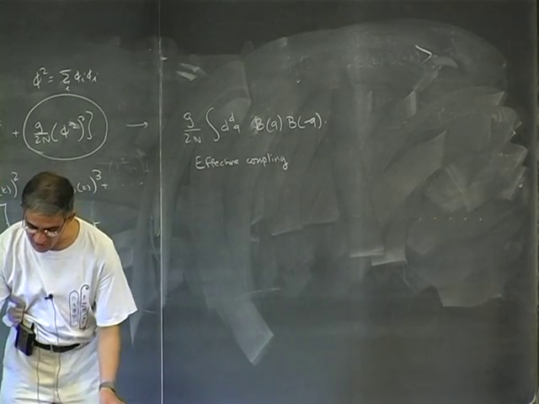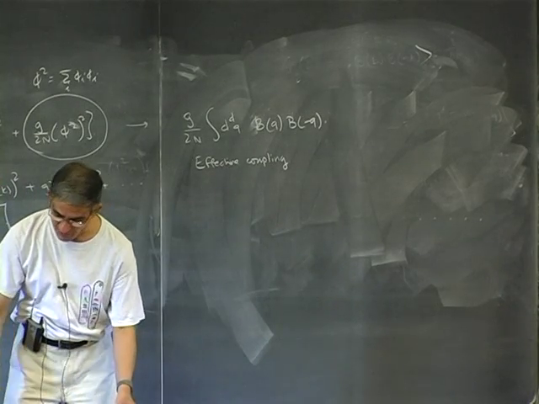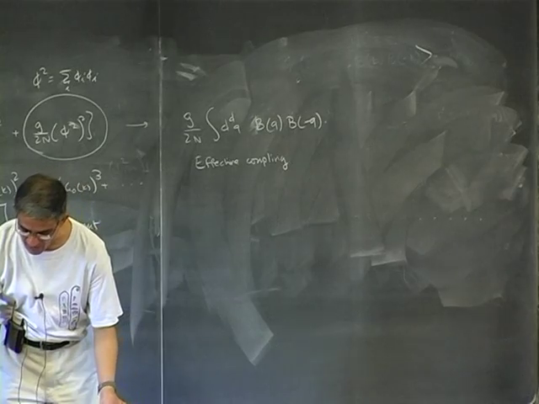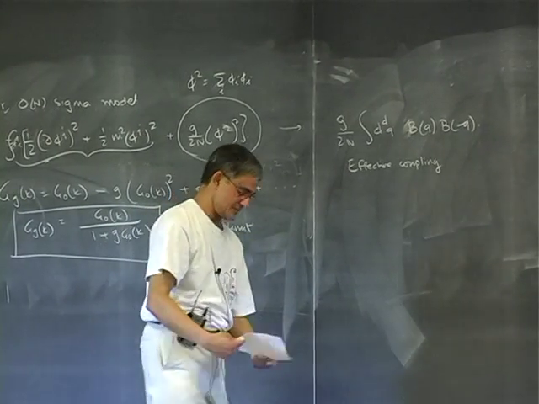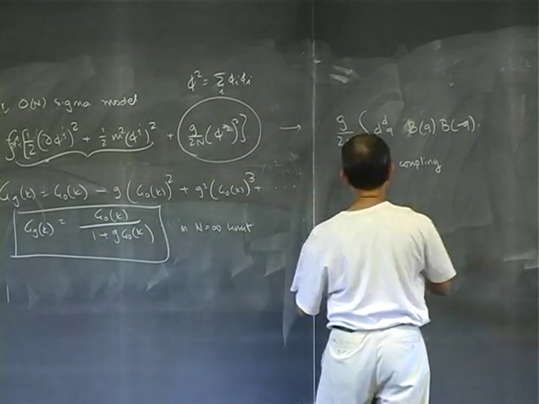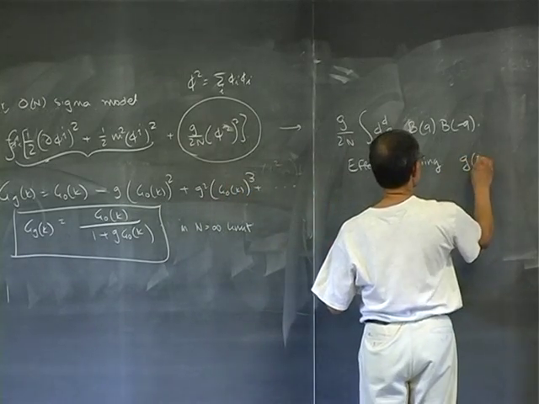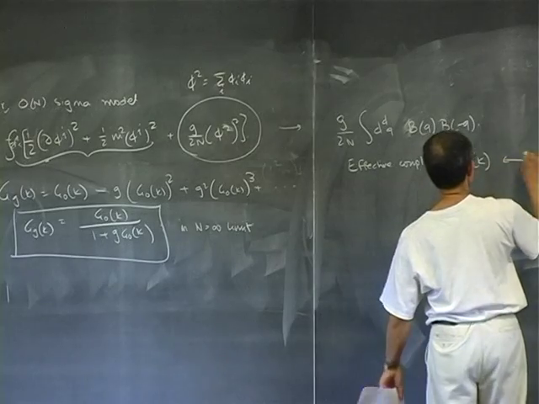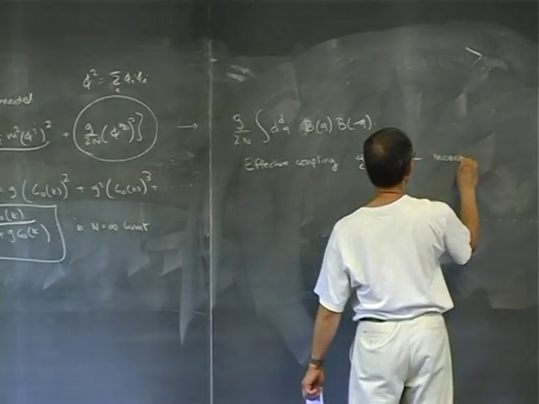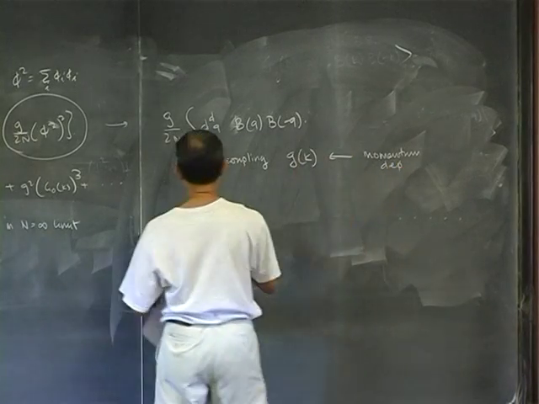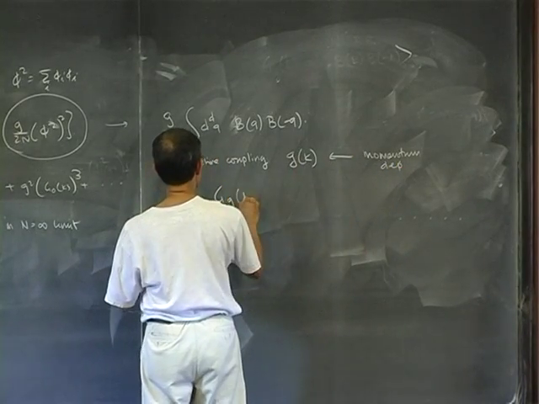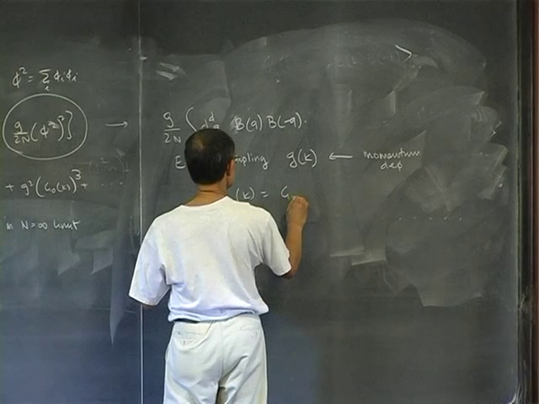It is not very hard to see that the effective coupling, a momentum dependent effective coupling G of k, is given by the following definition.